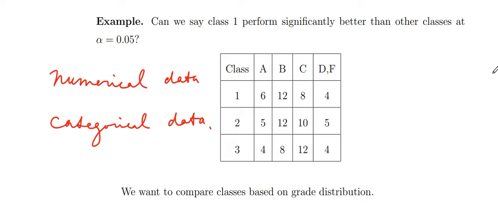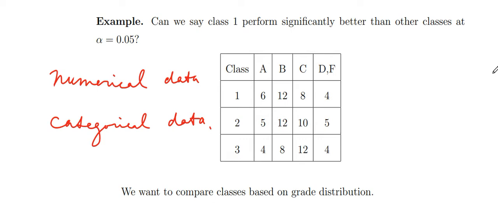So this is an example of a two-way table, and two-way tables are simple. First, we need to know how to find the expected value. For the chi-square value, usually I will tell you, because the calculation is tedious.